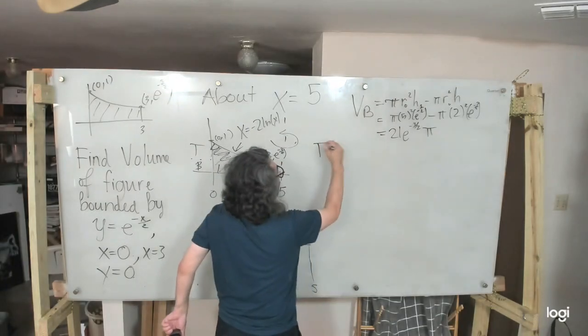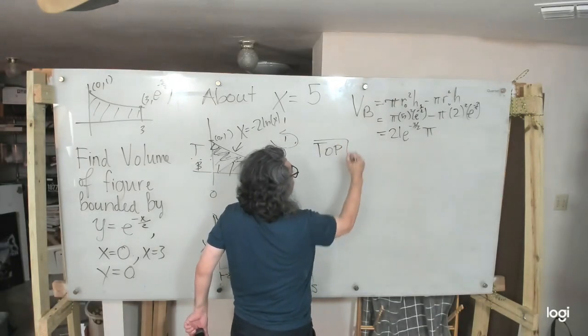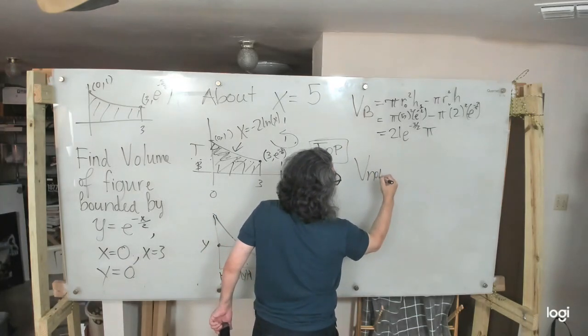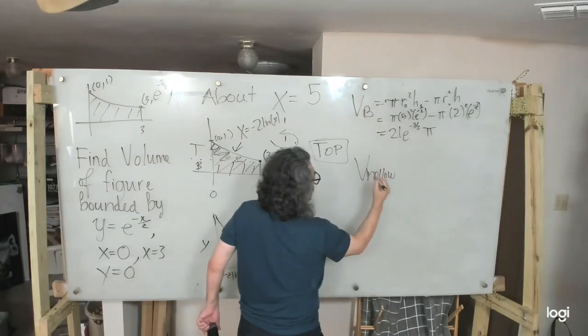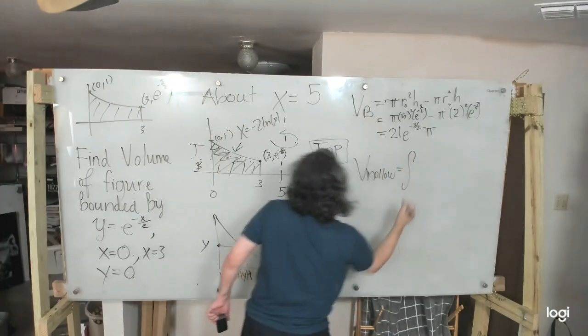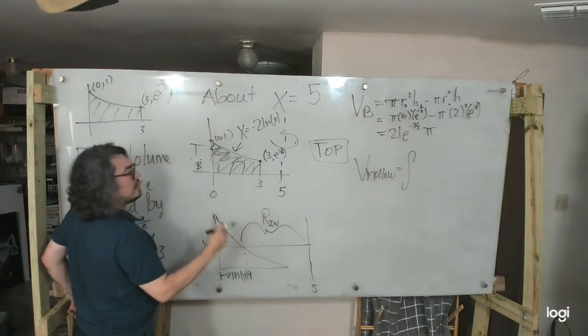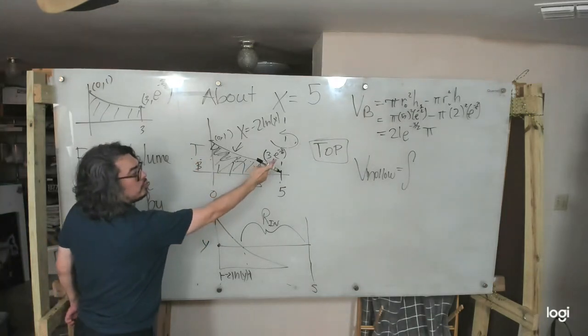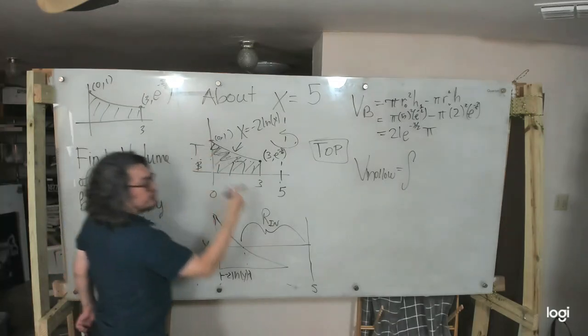So here we're looking at only the top. The volume of the hollow is going to be the integral. In this case, we know the y value at the bottom is e to the negative 3 over 2, and it goes all the way to 1.